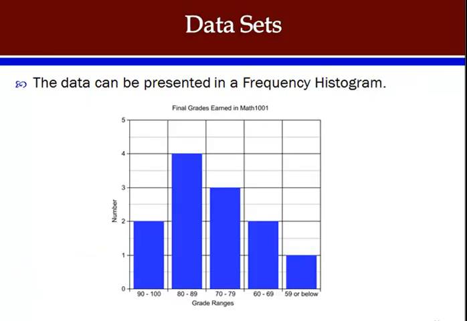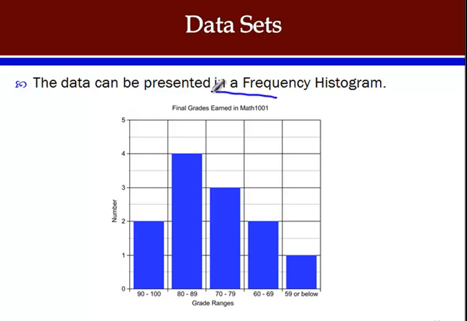This is what is called a frequency histogram, also known as a bar graph. Along the x-axis or horizontal axis, we have 90 to 100, 80 to 89, 70 to 79, 60 to 69, 59 or below. And now we have a little more information that these are grade ranges. And then on the vertical axis, we have number of grades in that range, ranging from 0 up to 5.